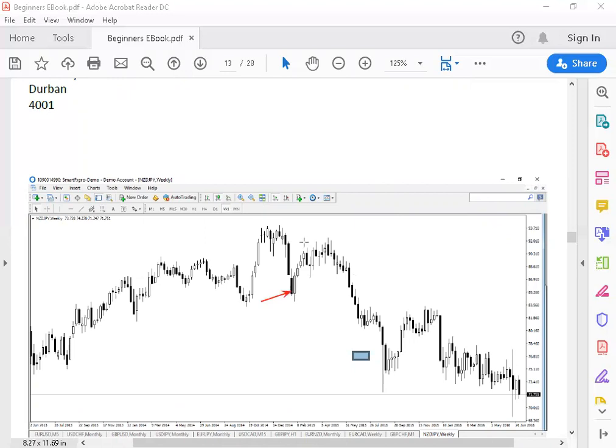The candlestick that is black, let's just imagine that it's red, meaning when the candle closes down, it's going to be red, and when it closes up, it's going to be green. So let's imagine the white candles are green and the black candles are red.